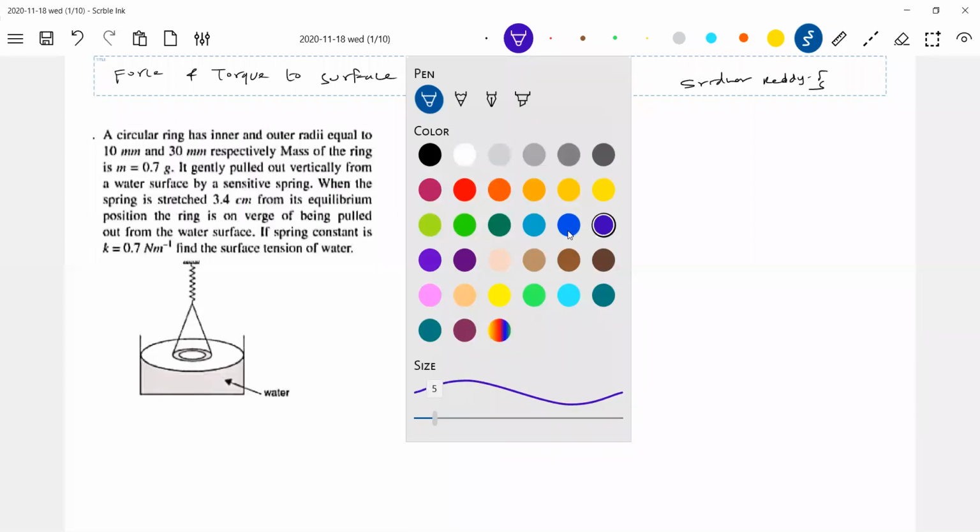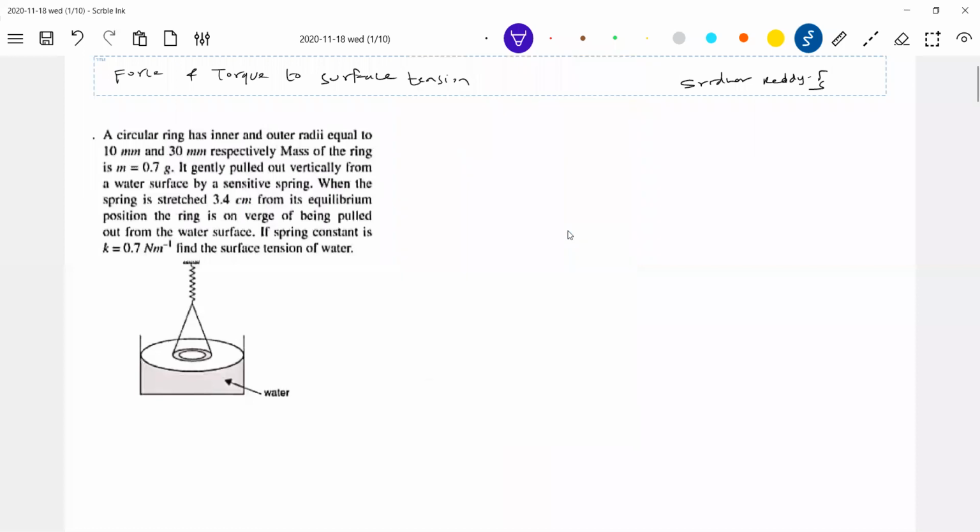Draw the diagram immediately. Don't look at the pen and paper first, just draw the diagram. Later on, I'll come into the picture.